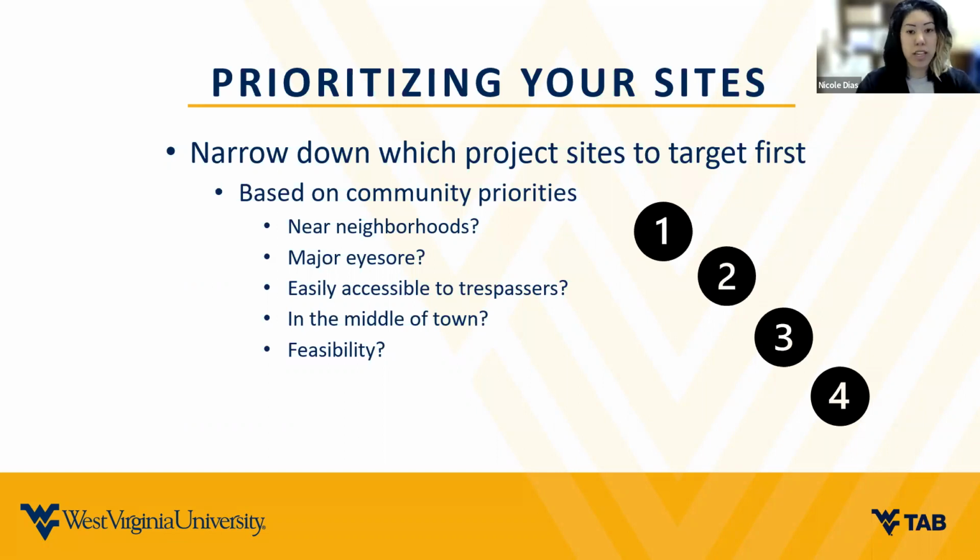Maybe you have a willing and cooperative property owner. Or maybe you want to really nail down on the brownfield sites that are located in the middle of town or major eyesores. Maybe you have brownfield sites that are major health and safety hazards and or easily accessible to trespassers and or children in your town. So we will go through an entire prioritization process based on your community's priorities.